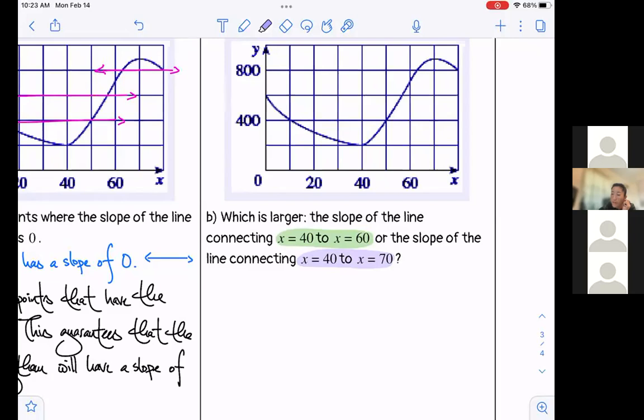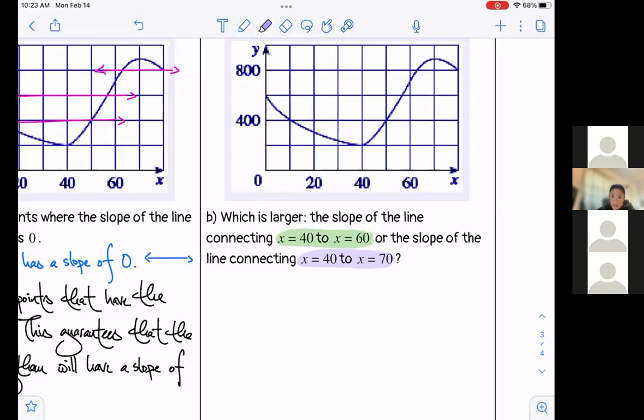All right, we've got 1 vote for maybe they're the same. What do other people think? Okay.